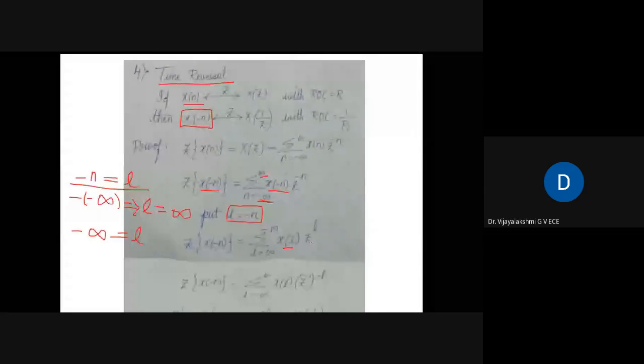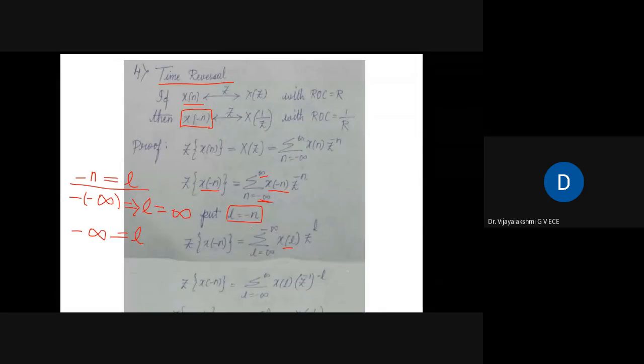Now in this summation, L is varying from plus infinity to minus infinity. Actually, what are you doing in this? You are just adding up all the terms of x of L as L varies from plus infinity to minus infinity. Since this is a summation, adding all the terms from plus infinity to minus infinity will be the same as adding all the terms from minus infinity to plus infinity, because it's only summing up.